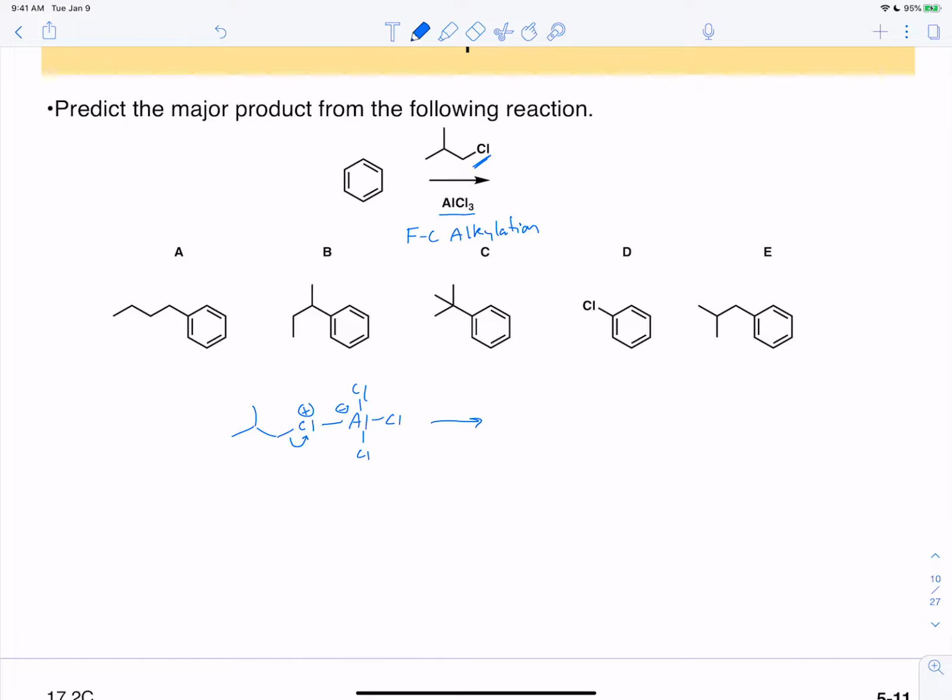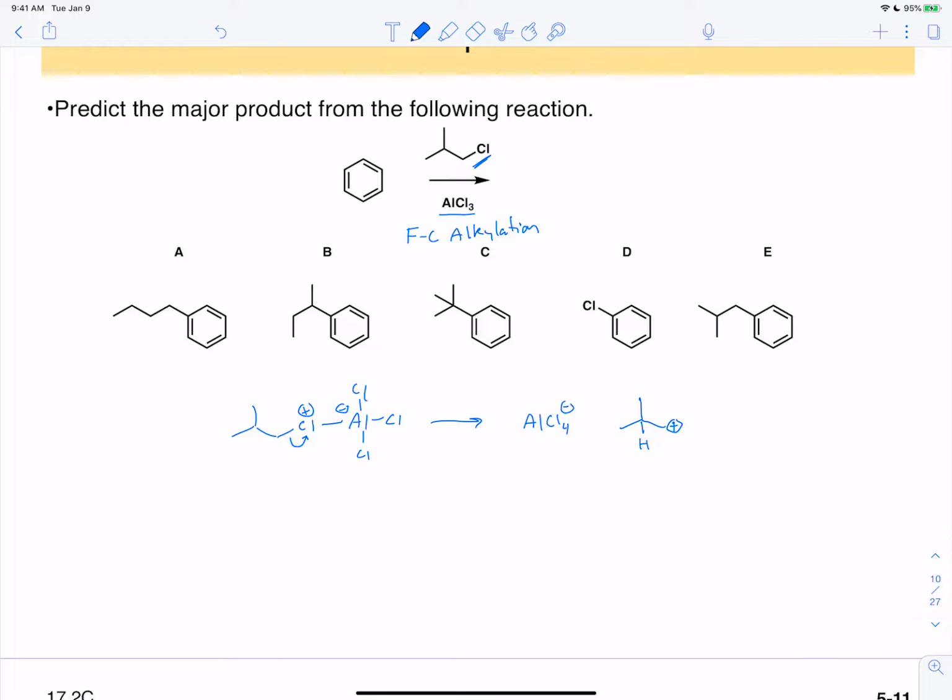So this allows us to make a very stable tetrachloroaluminate anion and this primary carbocation. Primary carbocations are not stable. They always want to rearrange.